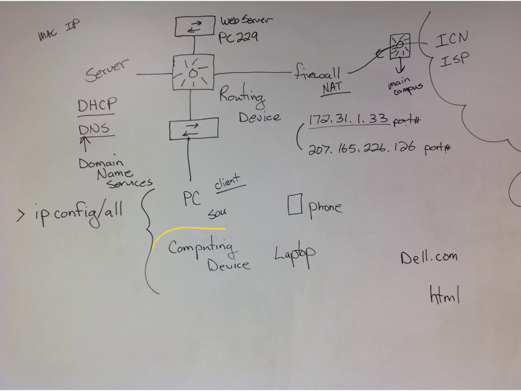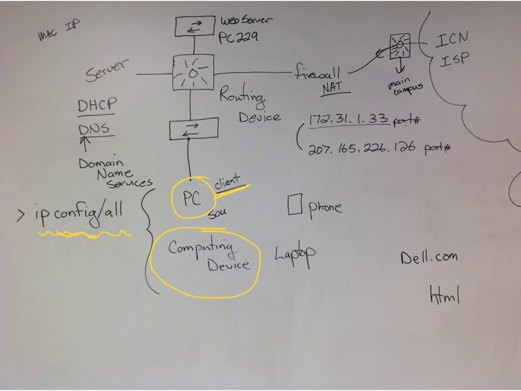So we started out talking about a computing device. We have a client, and then here in a little bit we'll talk about accessing a server. So we get a client-server environment. So the PCs, we did ipconfig /all, and we talked about some key things.